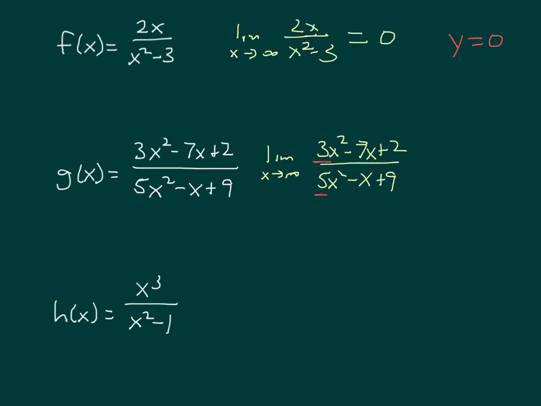So that limit is going to come out to be 3 over 5. And so my horizontal asymptote is going to be y equals 3/5.